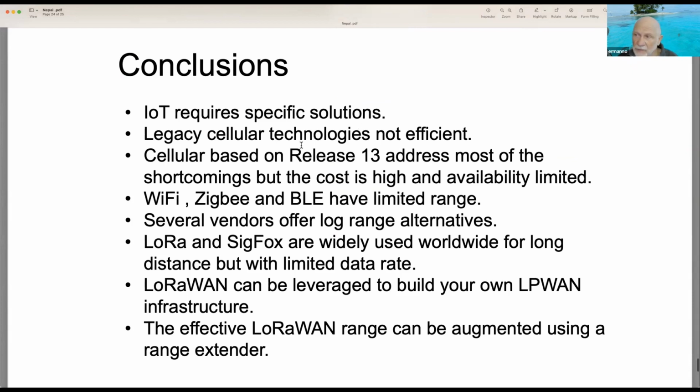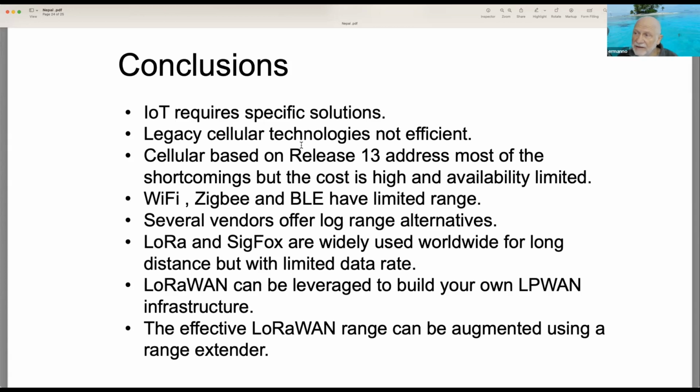But with newer cellular protocol, they are useful for this kind of application, but you have to pay the service, and not always the service is available in remote areas. So the capability of doing your own deployment in a rural area, on an unserved area, is quite attractive.